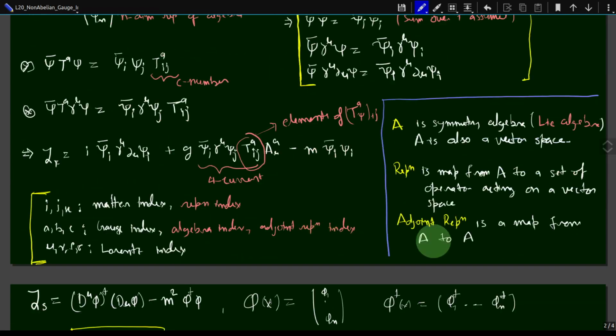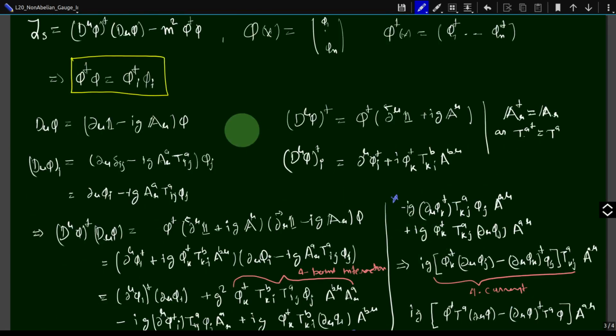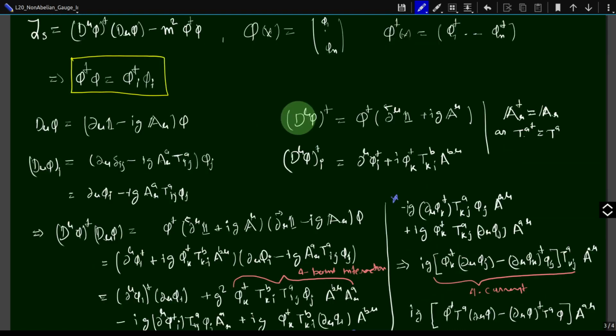Okay, so let's move on to the scalar case. So d mu phi dagger d mu phi minus m square times phi dagger phi. This is my scalar Lagrangian, and phi is just an n component object, so phi dagger is just an n component row. Phi dagger phi will be written as phi I dagger phi I, sum over I is understood.